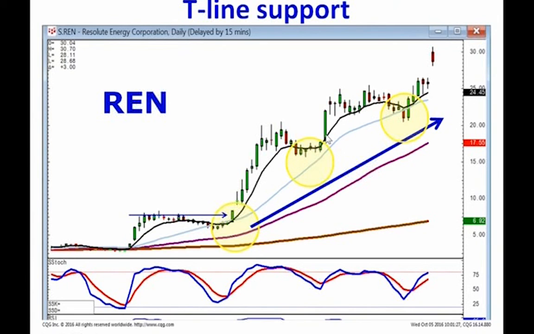Now, it used to be, if I closed something out, I wouldn't get back in because they weren't going to trick me by getting me out and then getting me back in and then taking some more of my profits. But now I know what type of patterns happen in human nature. So I know when to be buying or selling. I know when to be buying, selling, and when to be buying again.